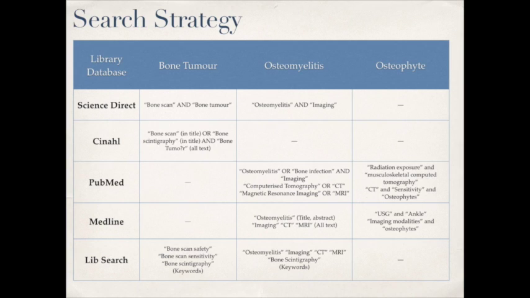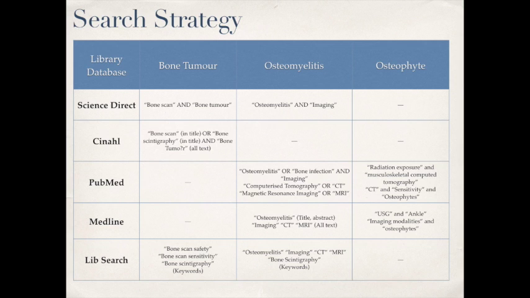In terms of search strategy, we used a number of databases. The ones used for bone tumours included ScienceDirect, Sentinel, and LibSearch. Examples of the keywords include bone scan, bone tumour, bone scintigraphy, as well as bone scan sensitivity and bone scan safety. For the search for osteomyelitis, the databases that were used included ScienceDirect, PubMed, Medline, and LibSearch.